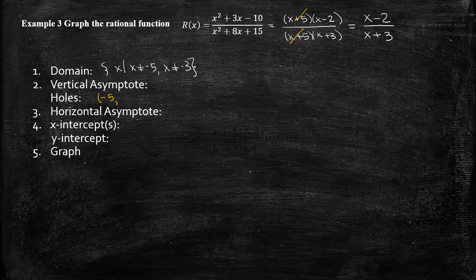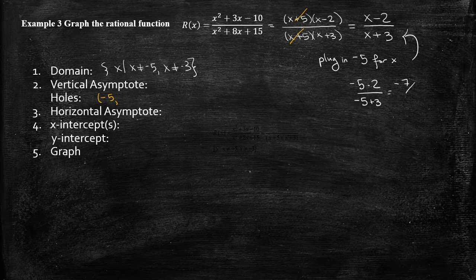So once you have your rational function in lowest terms, then what we want to do is plug in negative 5 for x in this reduced form. So that would give us negative 5 minus 2 over negative 5 plus 3.